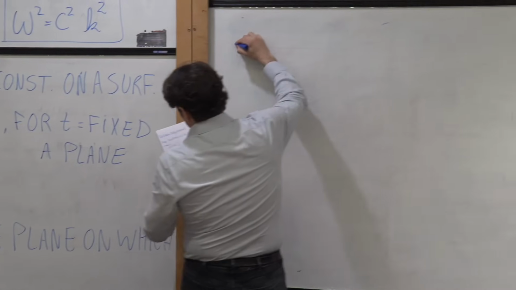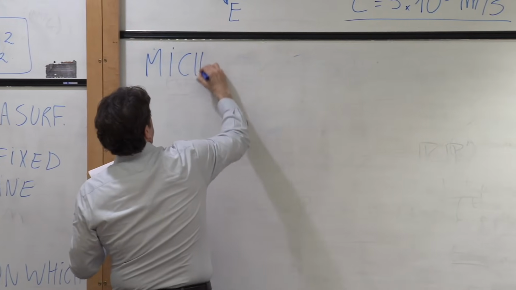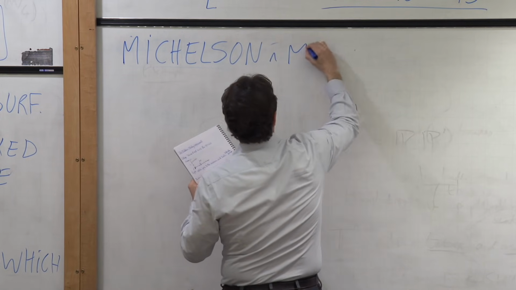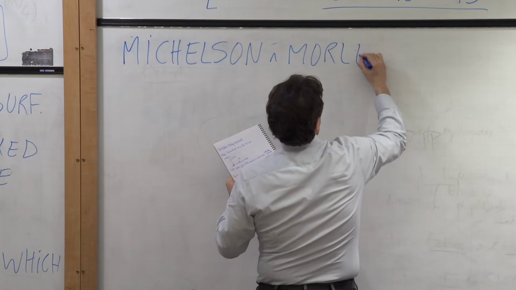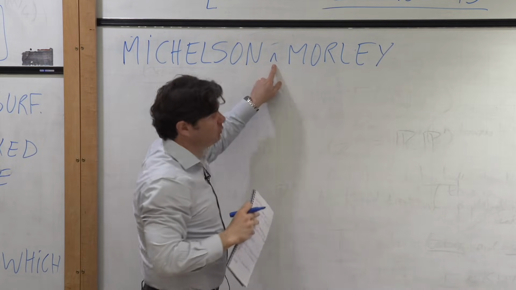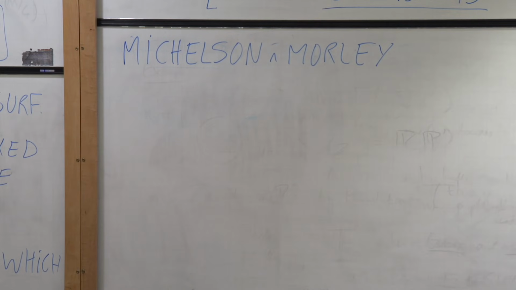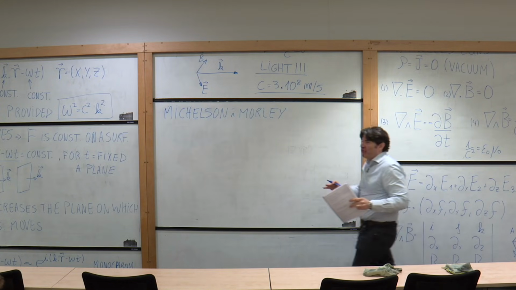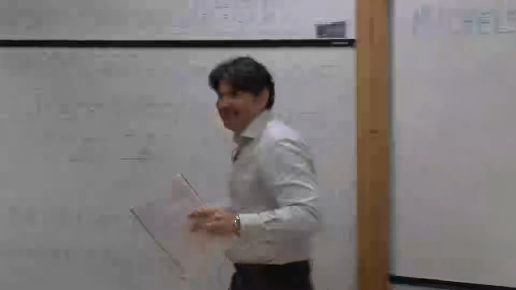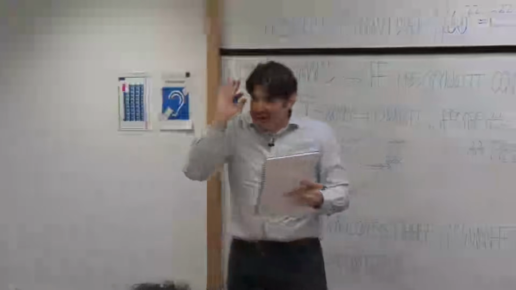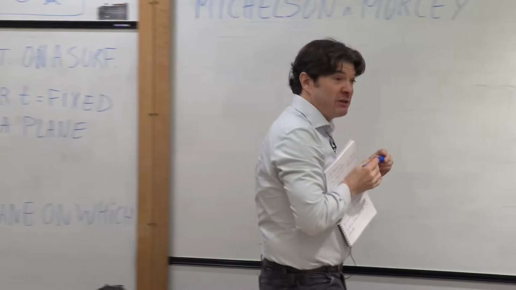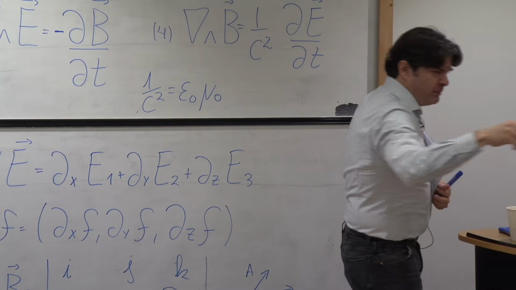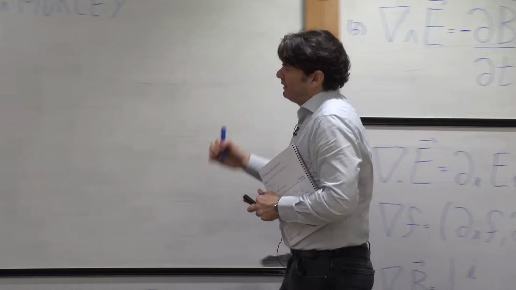2 people actually, Michelson and Morley, and this is not the tensor product of the 2, wanted to measure the velocity of Earth in the ether, okay? So what they did, their experiment was the following, a very, very smart experiment.